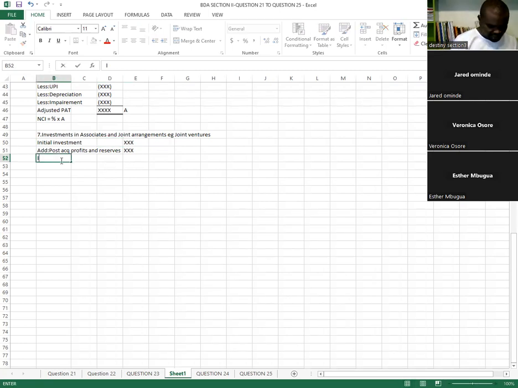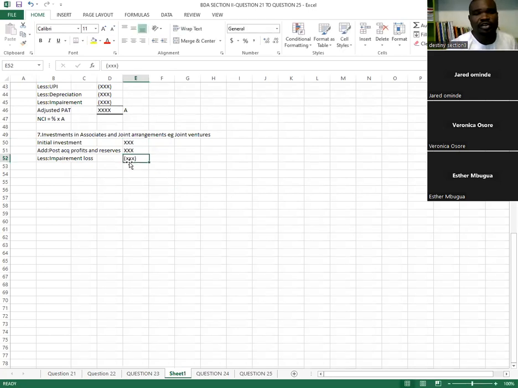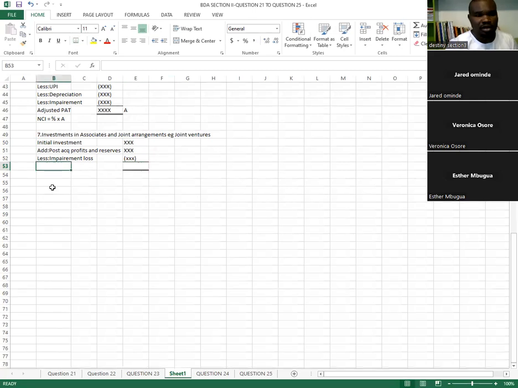Less impairment. If the investment is already impaired, less impairment loss. Though quite rare, if there is any impairment, you subtract. Then this is the investment which you take to non-current assets in the balance sheet.